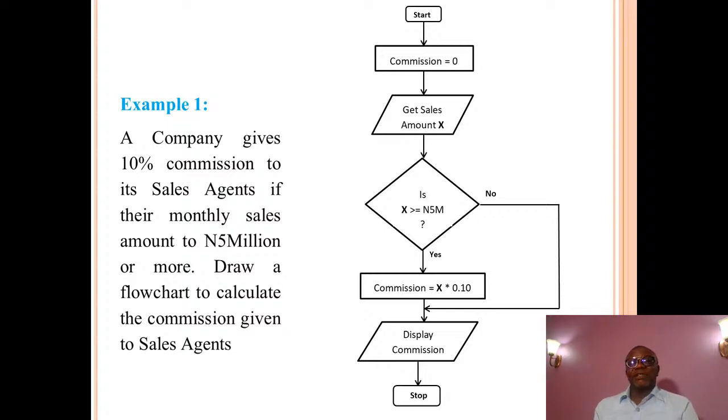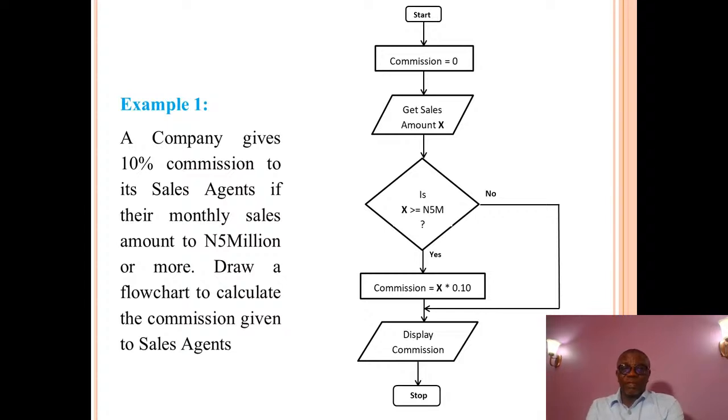Then you take a decision. Is this sales amount equal to or greater than 5 million? From our question, if it is equal to 5 million or more, the agent gets 10%. So if the amount is equal to or greater than 5 million naira, yes, then you compute the commission, which is a process.